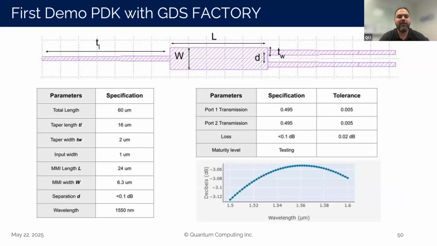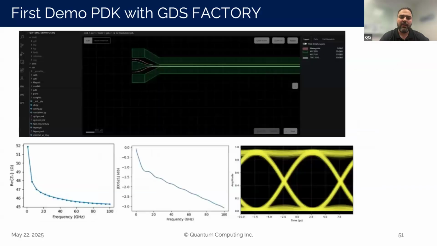For instance, here we have the MMI, with different specifications and visualizations available through the PDK. Additionally, you can see an EOM that is available on the PDK on GDS Factory, with some simulation results and characteristics.